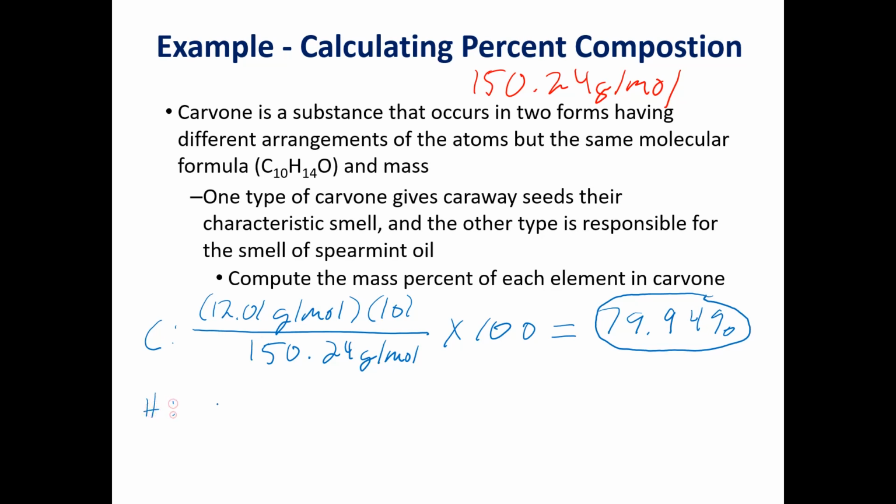If we take hydrogen, hydrogen has a molar mass of 1.01 grams per mole times 14.